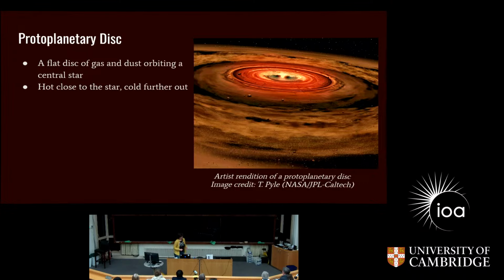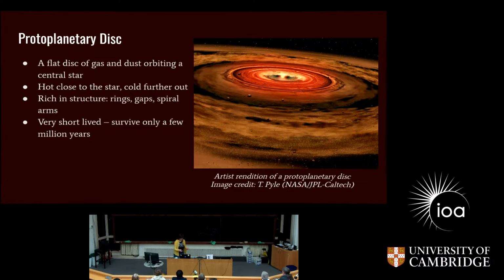It's very structured. Importantly for our discussion later on, it's really hot close to the star, which makes sense, you're near a star. And as you move out in the disk, you A, become less dense, there's less material, and B, you become colder because you're further from the star's radiation. Like I said, it's got lots of gaps and rings and spiral arms. Oh, not always, but it can.